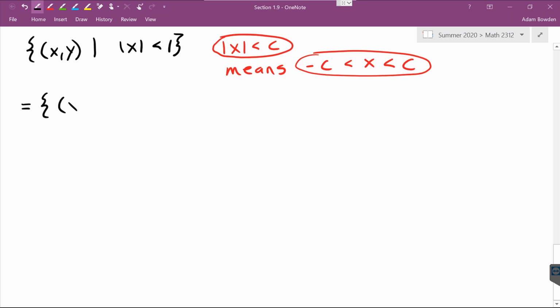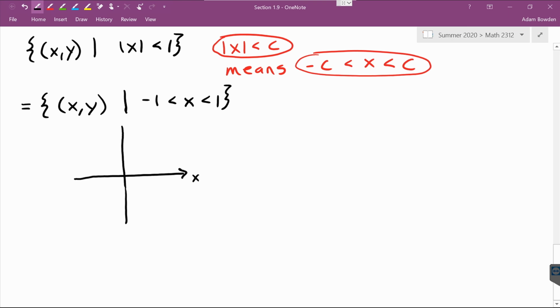I'm going to change this into the set of x comma y such that -1 is less than x less than 1. So now the x value sits between the two values that we have here, between negative 1 and +1. So to draw this, what I'll do is I'll lay out the xy axis, and then we got the +1 on this side and -1 on the other side.